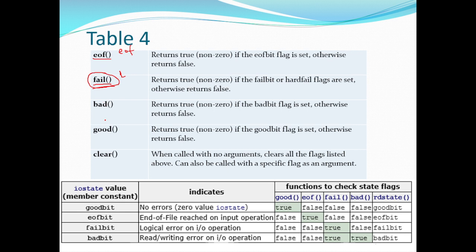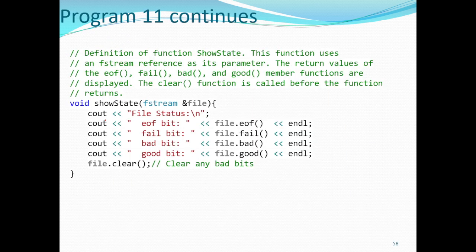Again these are functions that are checking corresponding bits or control bits. One more example. During the file operations we can get the status data by running some functions like this.